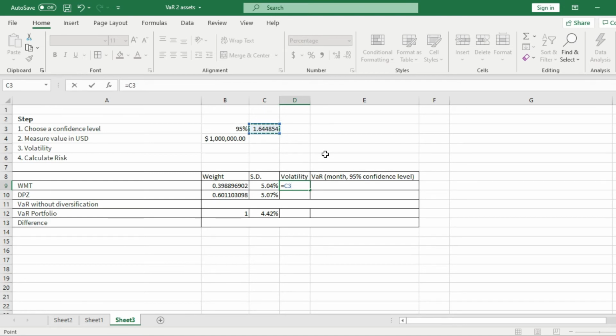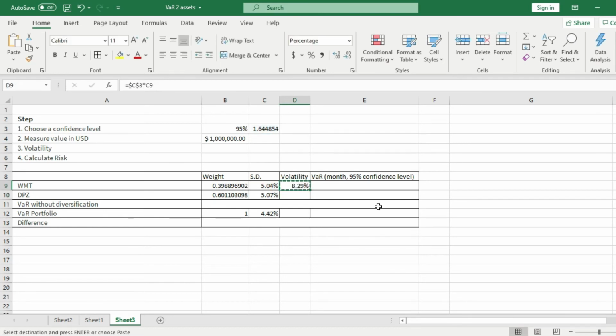I'm going to fix this cell, multiply by the standard deviation. In the case of Walmart, it is 5.04%. Now I can copy paste this for Domino's Pizza, 8.34%, and for the portfolio, 7.27%.